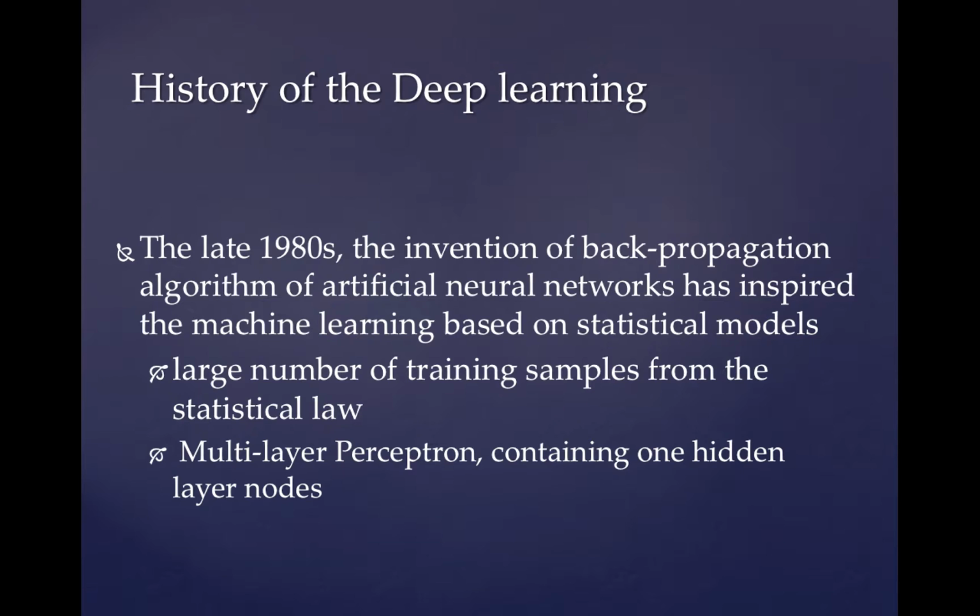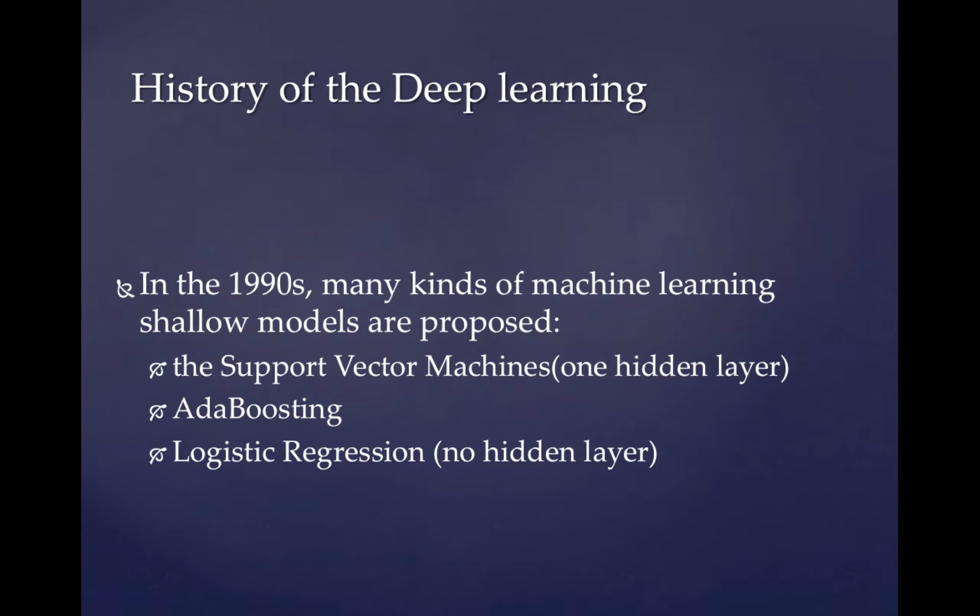At that time, the artificial neural network, called the multi-layer perceptron, was only a kind of shallow model, containing only one hidden layer. And then in the 1990s, many kinds of shallow machine learning models were proposed, such as the support vector machine, AdaBoost, and logistic regression.